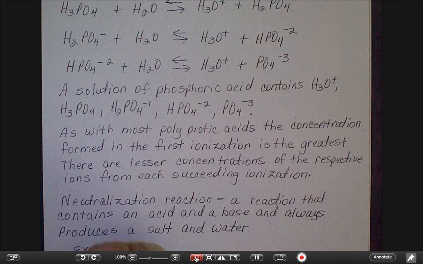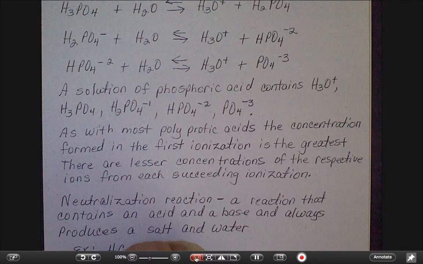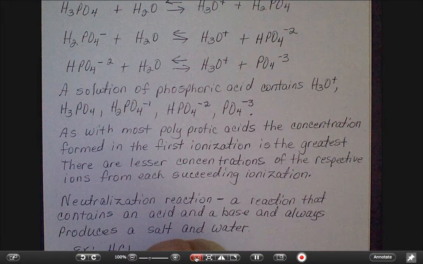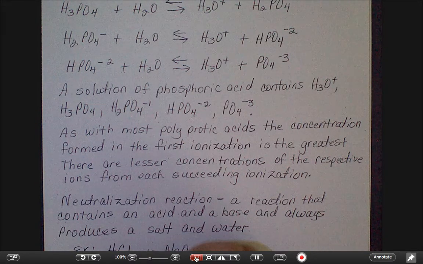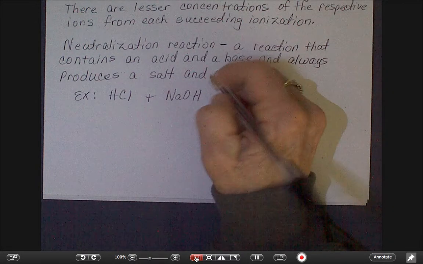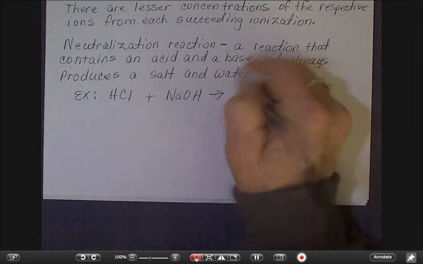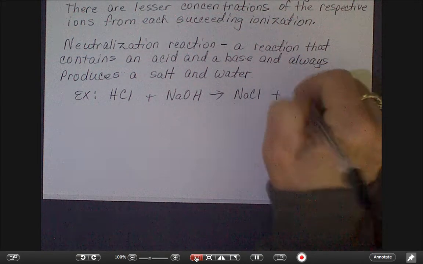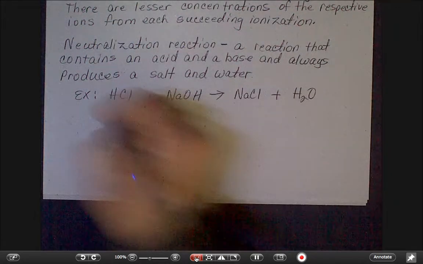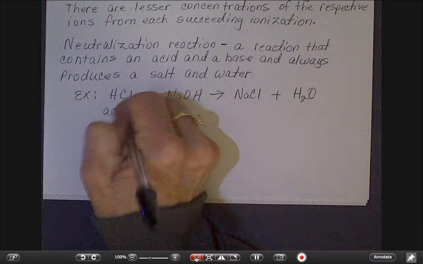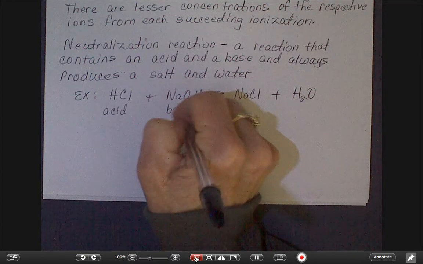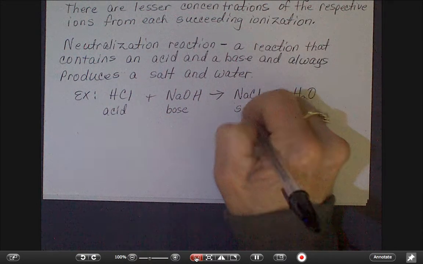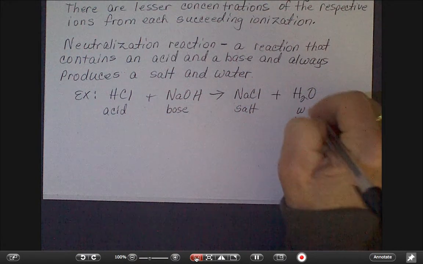Example, HCl plus NaOH produces NaCl plus H2O. Acid, base, salt, water.